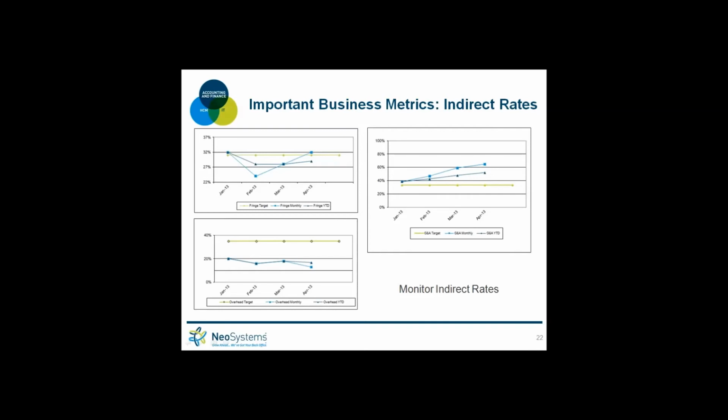With all that information, you're now able to monitor what you think your fringe, overhead, and G&A should be. Once you have the ability to track your indirect rates, you can track that spending using these metrics. Obviously, the higher above your target rate, the more you're spending from an operating perspective.